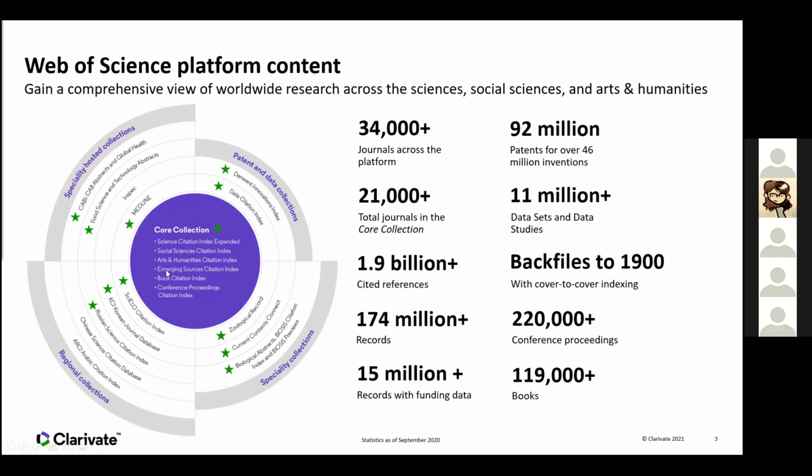And within this core collection, there are more specific indexes based on content areas. So our Science Citation Index, Social Sciences, Arts and Humanities, and so on. And I've tried to indicate with green stars which indexes you currently have access to on the platform. So you can go into the Web of Science and easily search any of these things with green stars next to them.